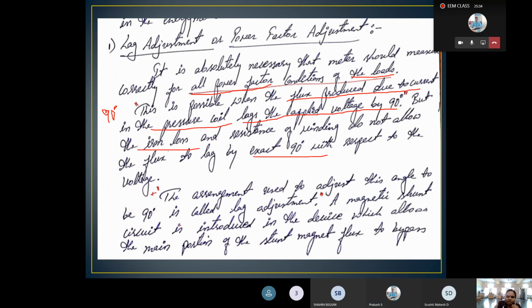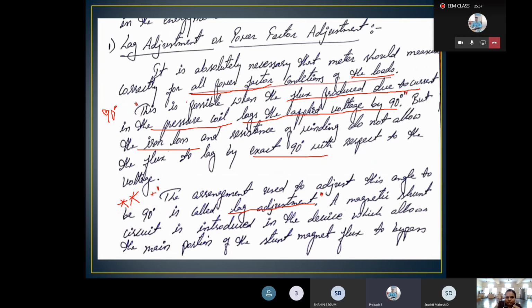How is it going to be minimized? The next point is the arrangement used to adjust this angle to be 90 degrees. We call that a lag adjustment.